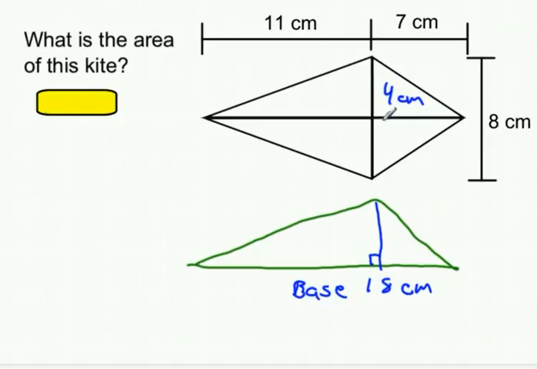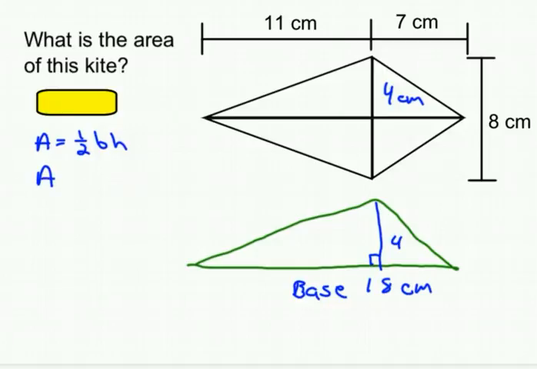So what we're going to do is write down those measurements and make sure we use those in our formula for finding the area of one triangle, which is 1/2 times the base times the height.